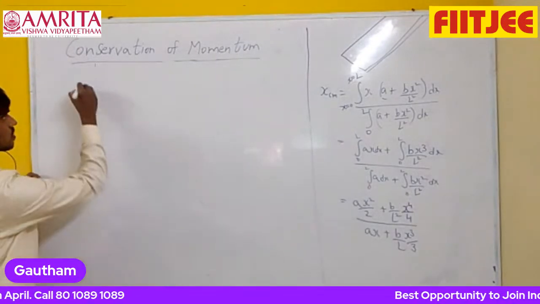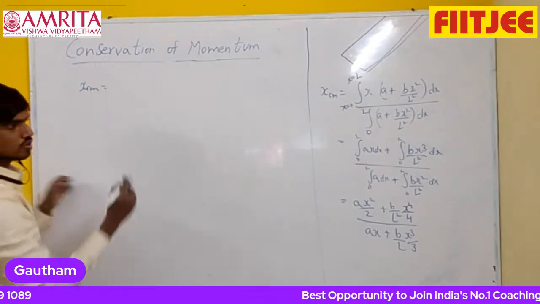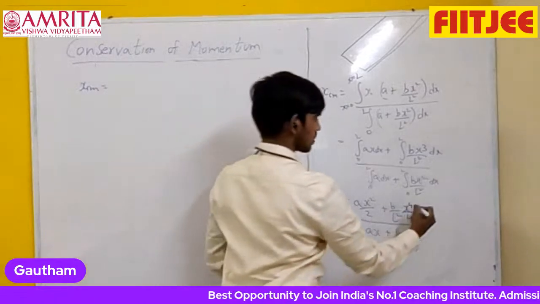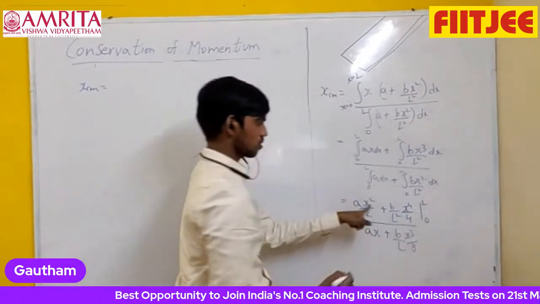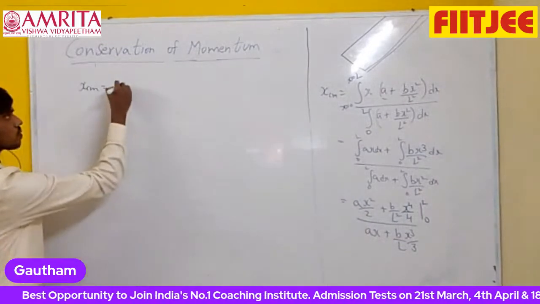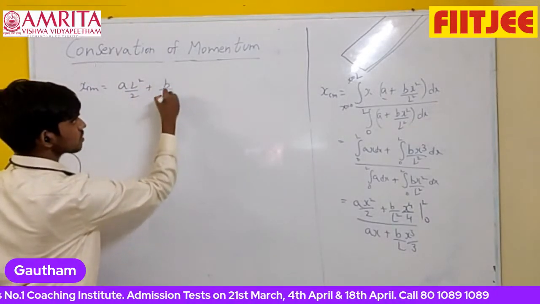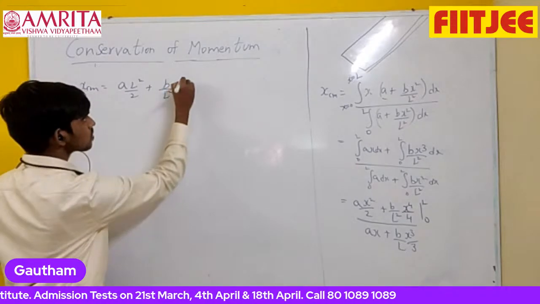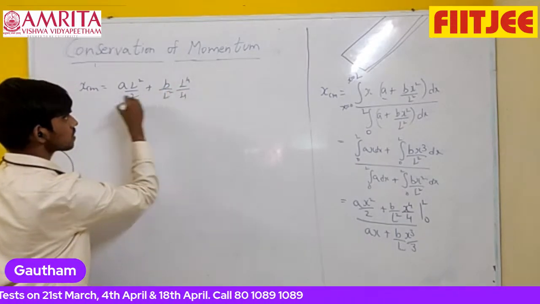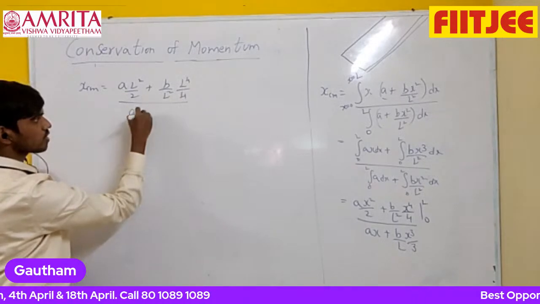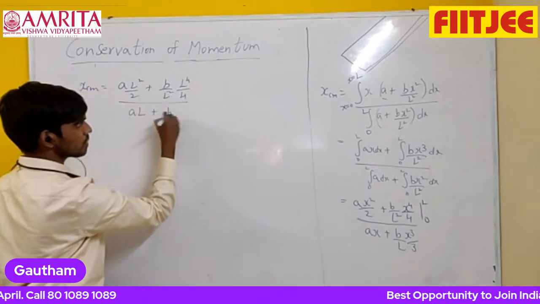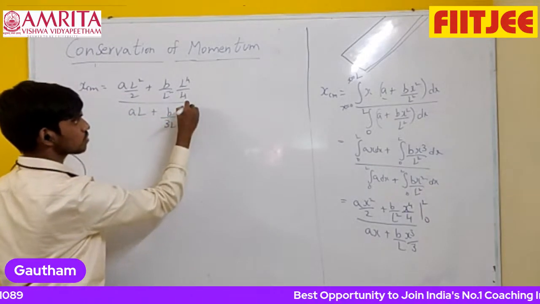So the final answer is xcm equal to, with limits 0 to L, a into L square by 2 plus b by L square into L power 4 by 4, divided by a into L plus b by 3L into L cube.